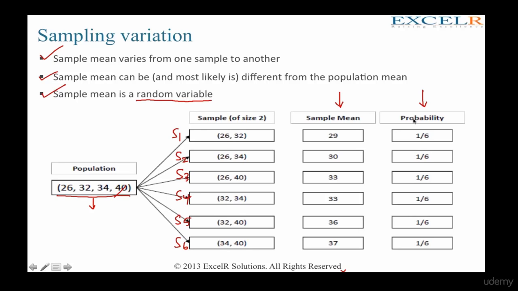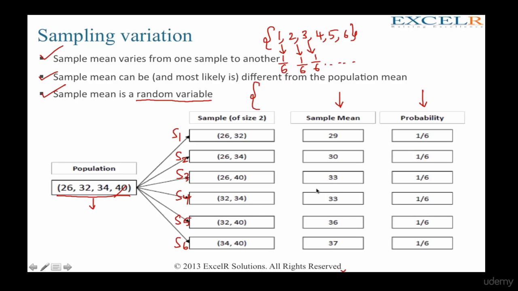If you're wondering how you get the probability values, think about this. If you roll a die once, you can get 1, 2, 3, 4, 5 or 6. We have already discussed that the probability of getting a 1 is 1 by 6, the probability of getting a 2 is 1 by 6, the probability of getting a 3 is 1 by 6, and so on. Now look at these values.